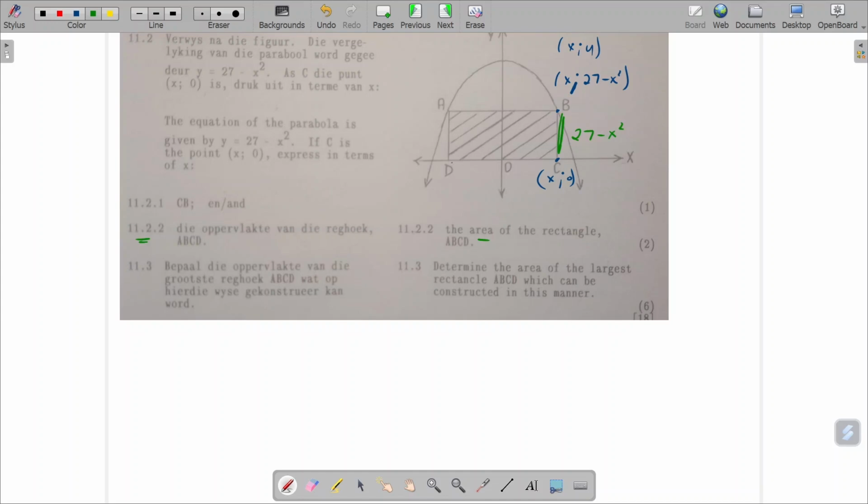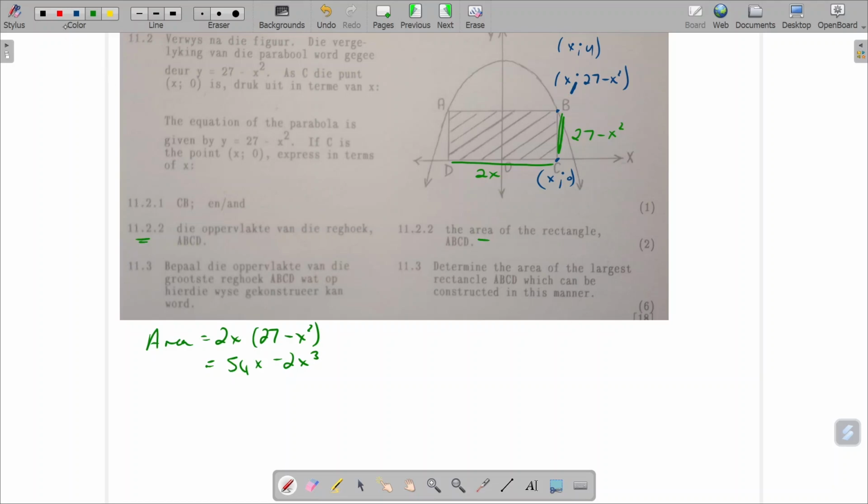And hopefully what we're realizing is that the length there from C to D will be 2x. So in this case, our area would equal 2x times 27 minus x squared, which would equal 54x minus 2x cubed.